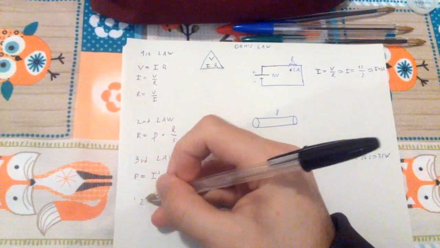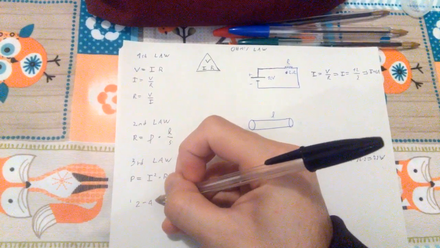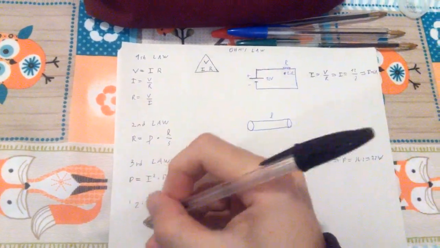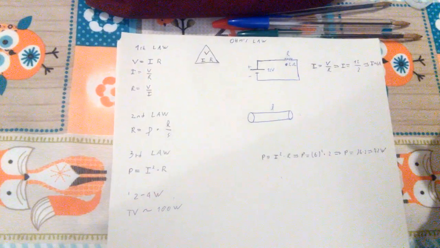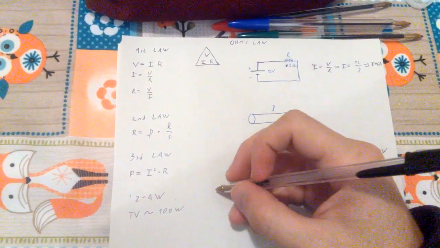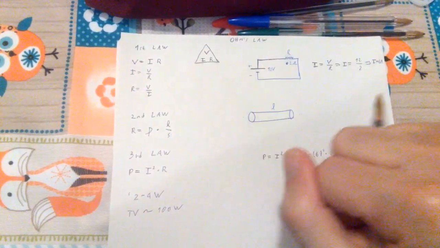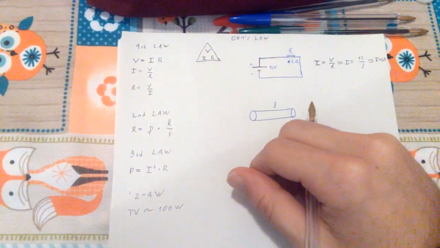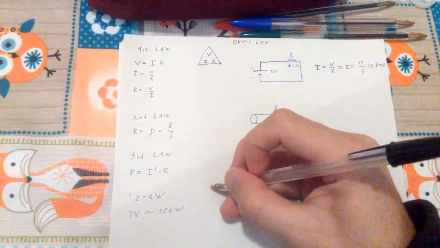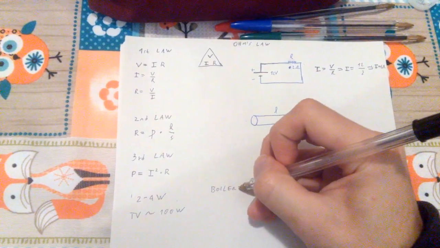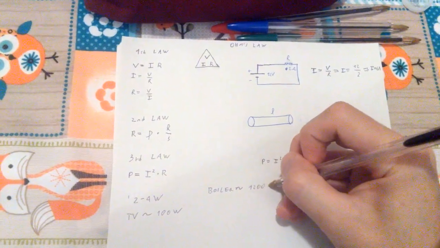But the electric toothbrush is 2 to 4 watts. TV is about 100 watts. The plates you use to cook in your kitchen, probably 1000 watts. The boiler is about 1200 watts.